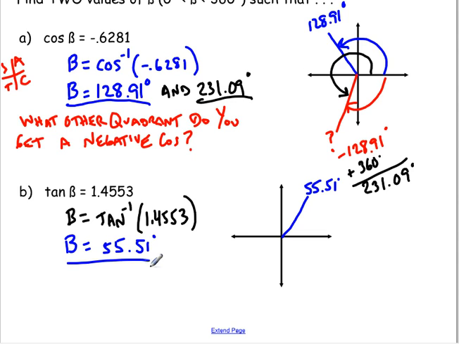Okay, now again, that's just one of the answers. We have to figure out where the other angle would be. So what other quadrant do you get a positive for tangent?